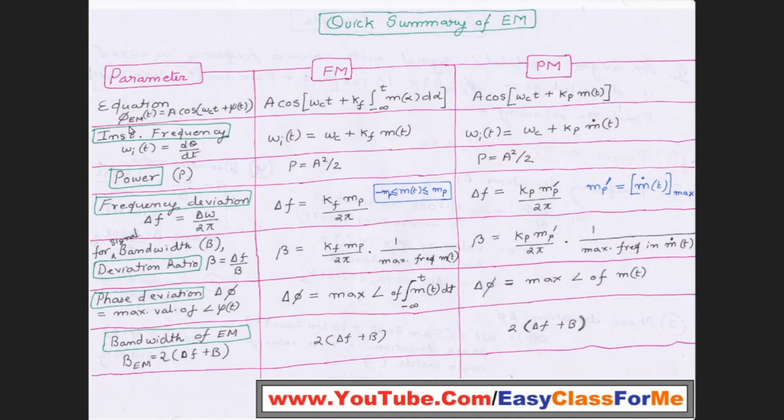So the equation of general angle modulation or exponential modulation, EM for short, is A cos(omega_c t plus psi(t)). Now this psi(t) is the portion which is modulated by the message in various ways. For frequency modulation, you have the integration of the message signal multiplied by a constant, and for phase modulation you take this m(t) as it is.